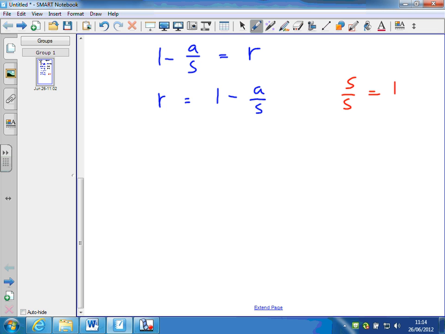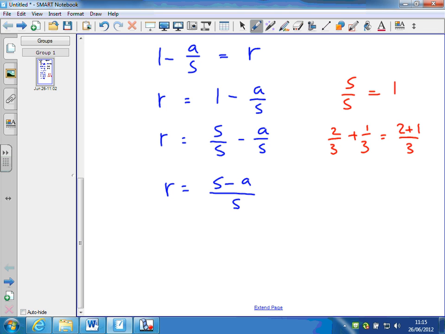So I could rewrite 1 as S over S minus A over S. Now, because the denominator is the same, I can write them both over the same denominator, in the same way as thinking of a fraction like 2/3 plus 1/3. That's the same as 2 plus 1 over 3. We can add them because they're the same denominator. So I can rewrite that as R equals S minus A all over S, which is the other solution in the textbook.